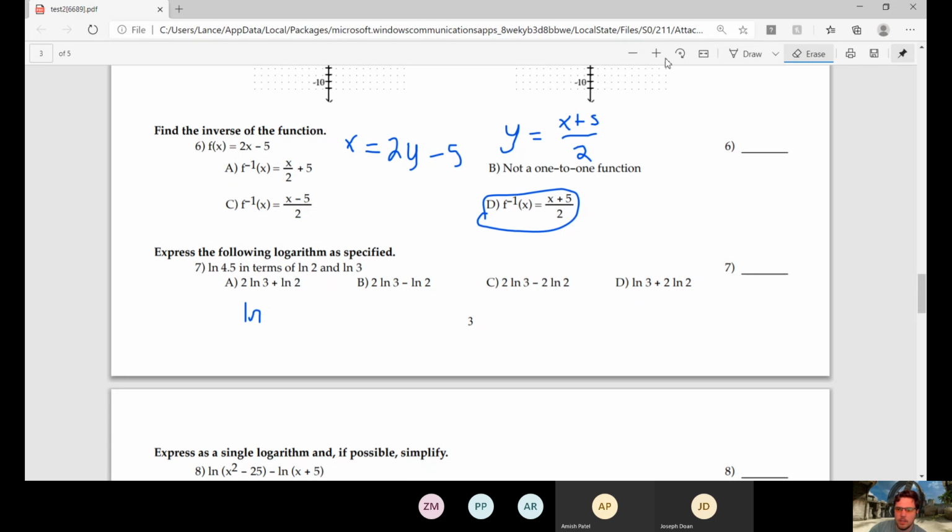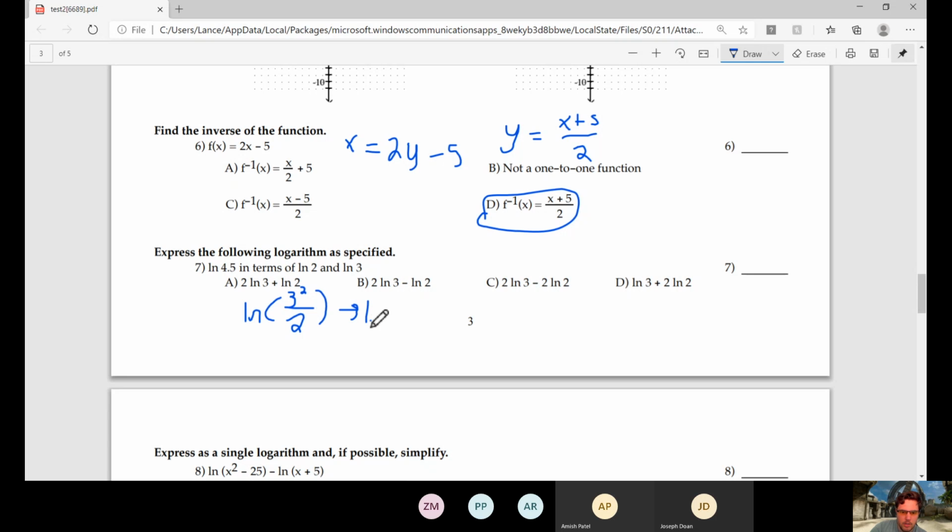Here's how I thought about it when I first looked at it. He wants it in 2 and 3, so he wants natural log of 3 squared over 2. In my mind, since he wants it in 3s and 2s, I immediately went to this.